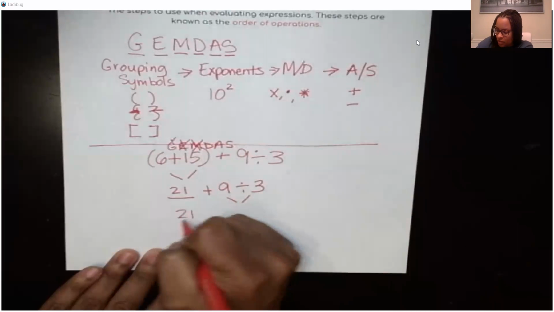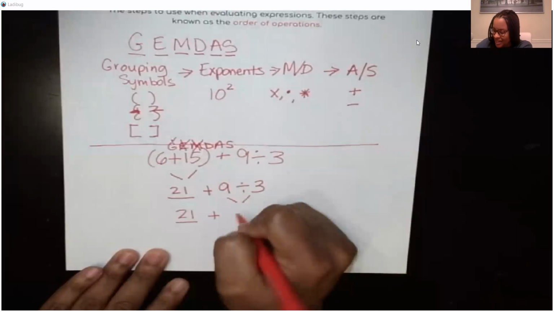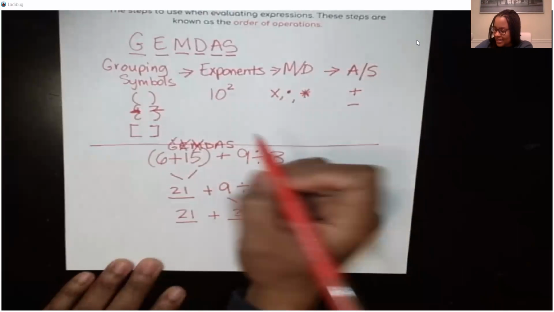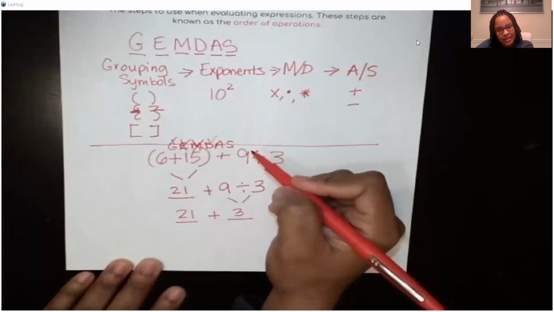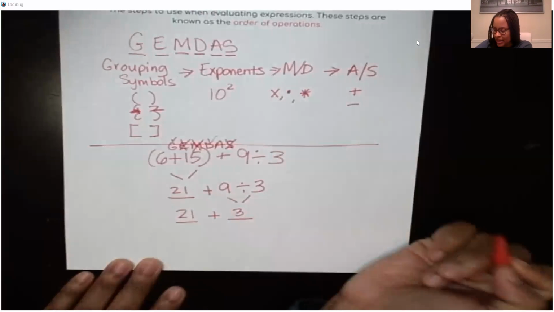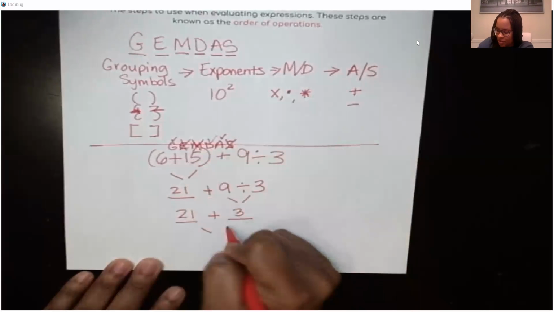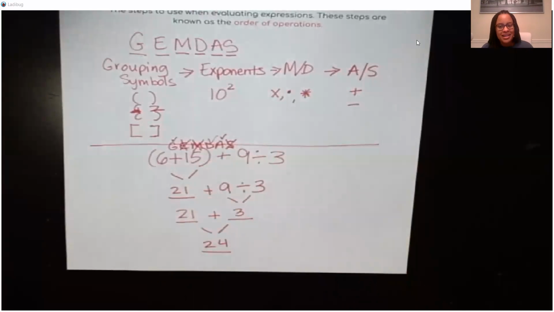So it's going to be 21 plus, what's 9 divided by 3? 3. Okay. And now the last thing to do, because I've already divided, I need to either add or subtract. And in this case, I'm going to add because I don't see anything to subtract. Okay, so I'm going to add 21 plus 3, and that equals 24. Okay, so that's my answer.